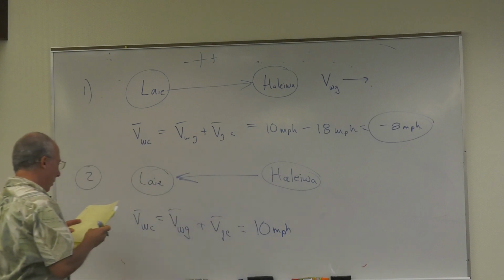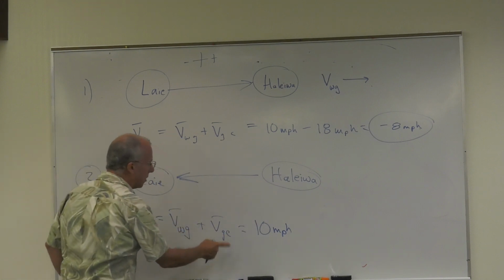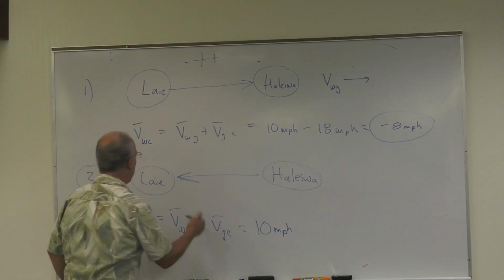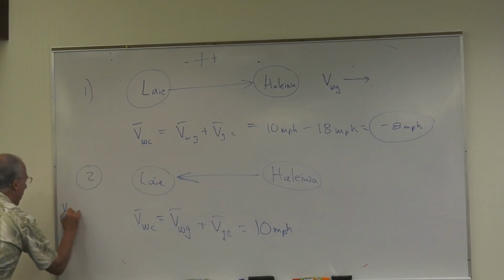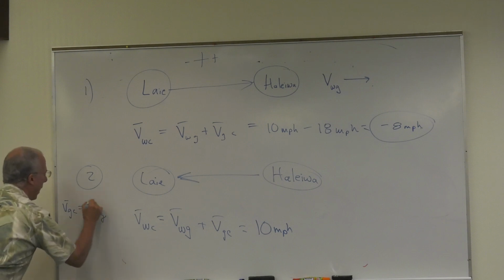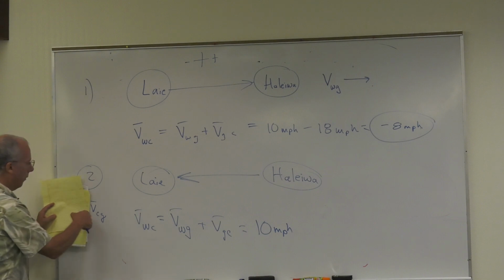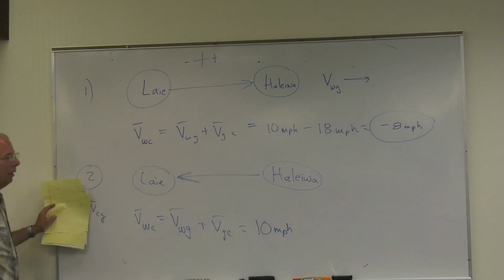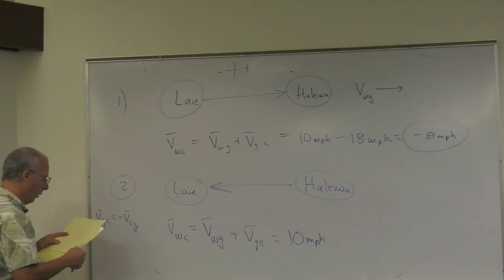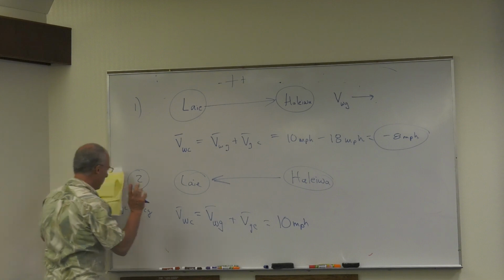Okay, now, what is the velocity of the ground relative to the cyclist? Well, remember, velocity of the ground relative to the cyclist equals minus velocity of the cyclist relative to the ground, right? Now, what's the velocity of the cyclist relative to the ground when he's coming back? 14 miles an hour. Wait, I'm sorry, I screwed that up.